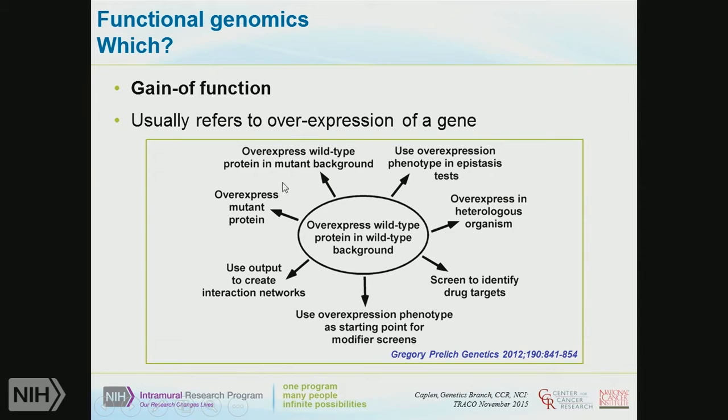So you can overexpress a wild type in a mutant background to do a rescue experiment to look at the function there. You can overexpress multiple different proteins and look at their interactions in cases of epistasis. You can use it for screening for different drug targets. There are lots of different contexts where this is used.